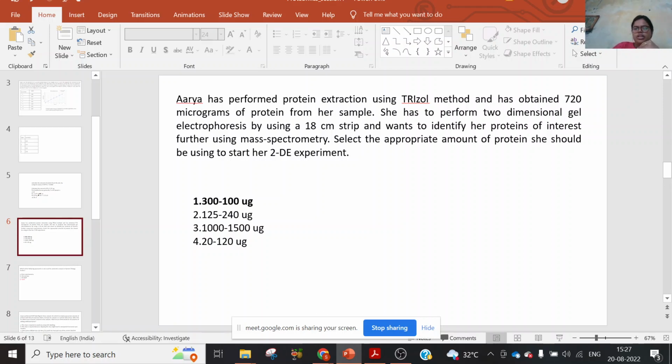Now, it is not standardized as such. Generally there are ranges with which you have to work. As in the Bradford assay, as Medha mentioned, generally 2 microliter they are using in their laboratory.